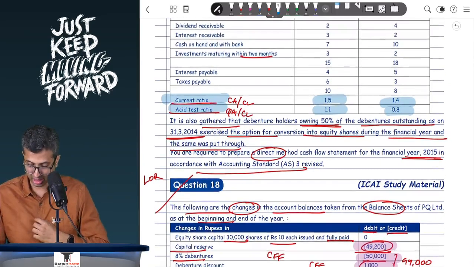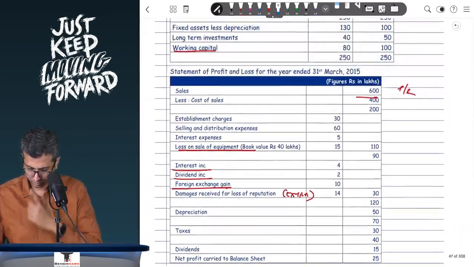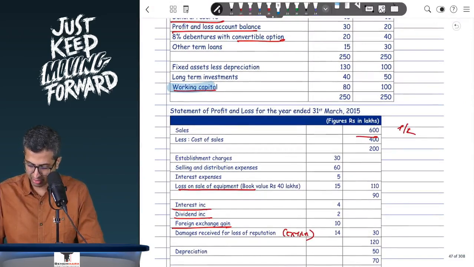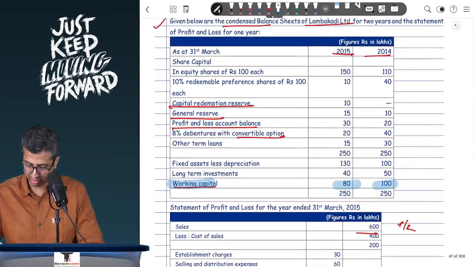So when you look at the current ratio, when we look at the assets, I see working capital of 80 as well as 100. So if I look at, for example, 2015, my working capital, that is current assets minus current liabilities, is equal to 80.